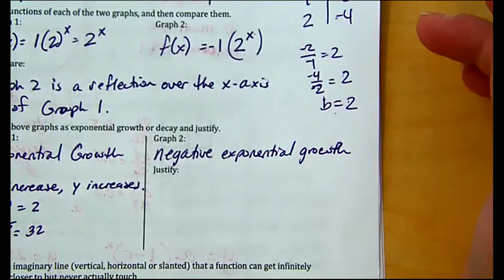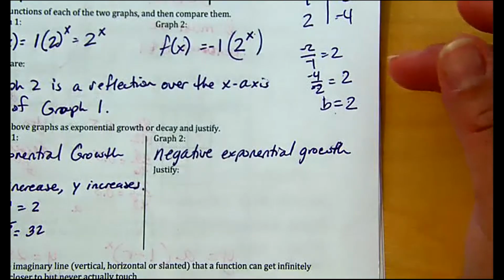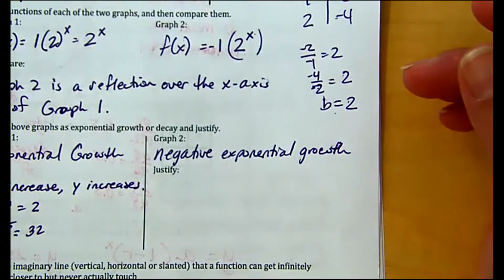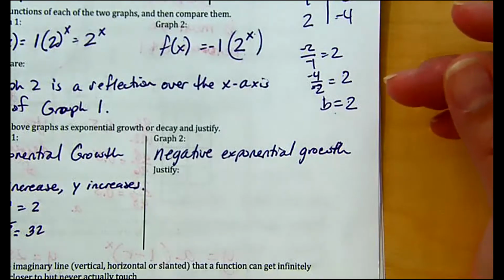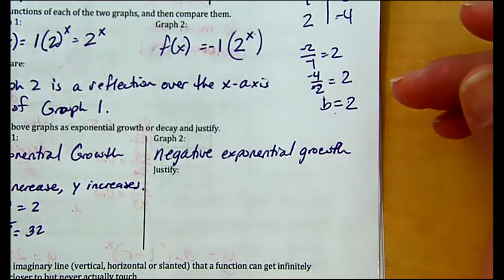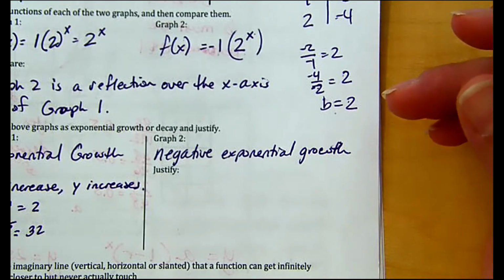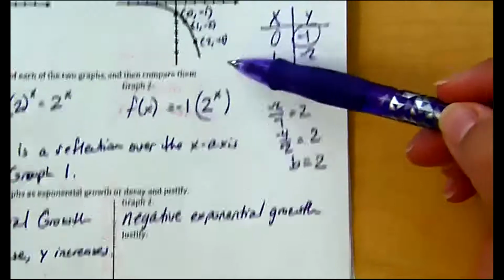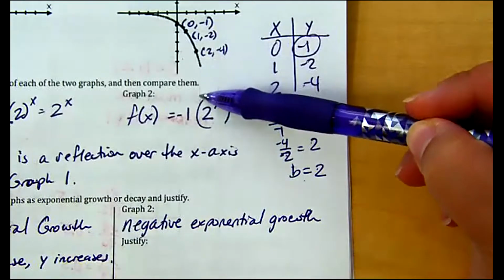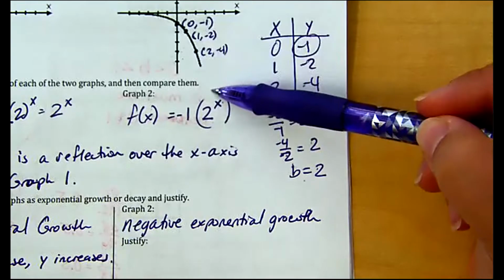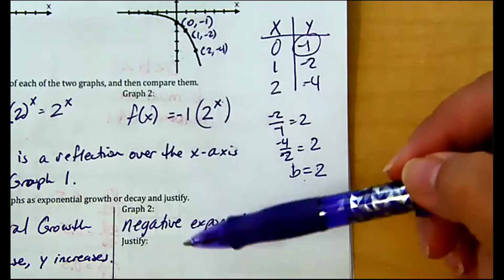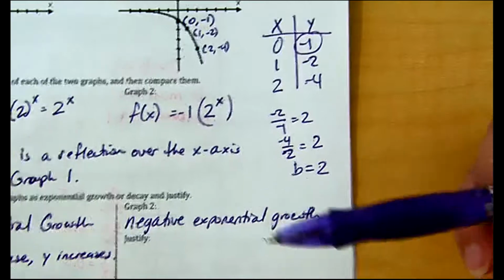So even though we're increasing in the negative, which we know and we have been taught that larger numbers in the negative are technically smaller, right? But as far as exponential growth and decay is considered, we're looking at, are the numbers getting smaller towards zero or getting larger away from zero? And in this case, they are technically getting larger away from zero, which would still make it a growth, but because it's reflected, it would be a negative exponential growth.